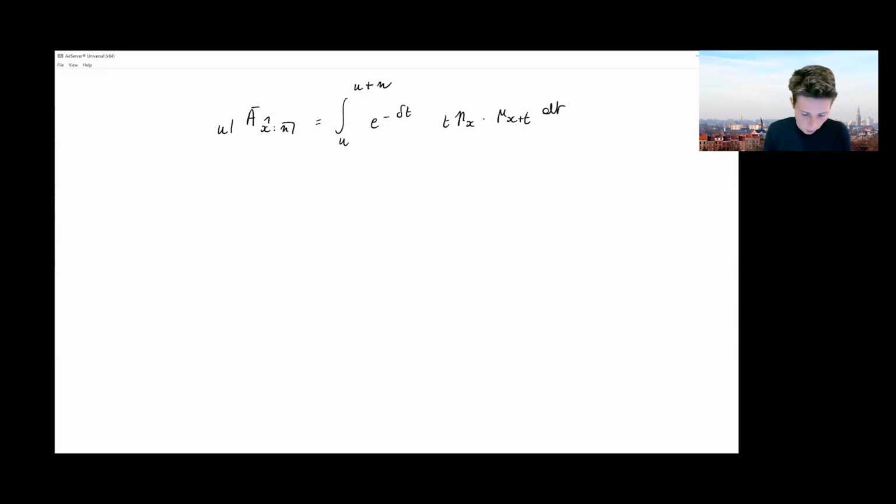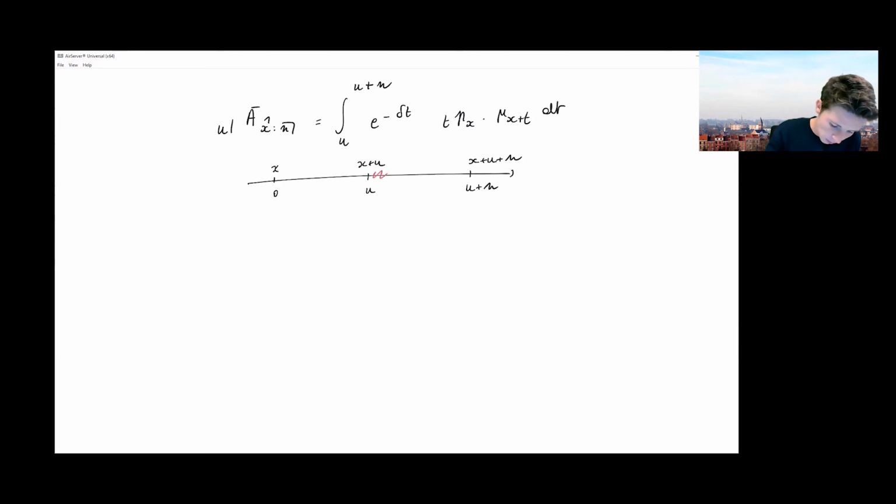Because we have this period: we have the x, which is time 0, and then we've got time u and time u plus n. So the cover only holds, in this case, if we're looking at this particular time period. So that's reflected in the boundaries of our integral.